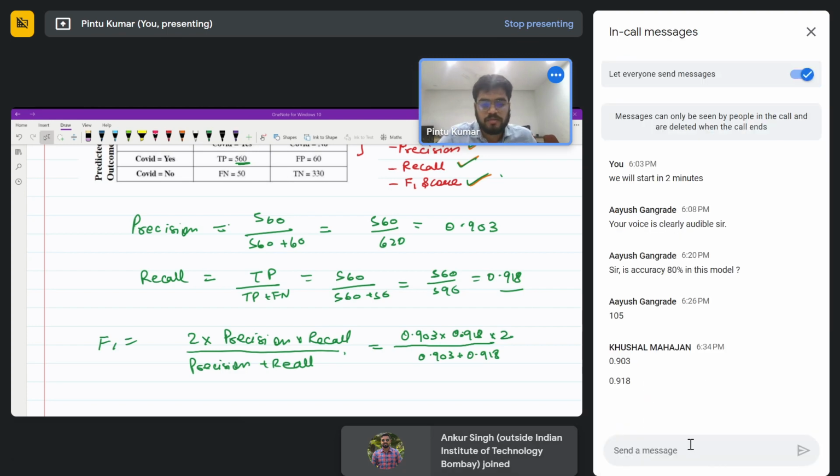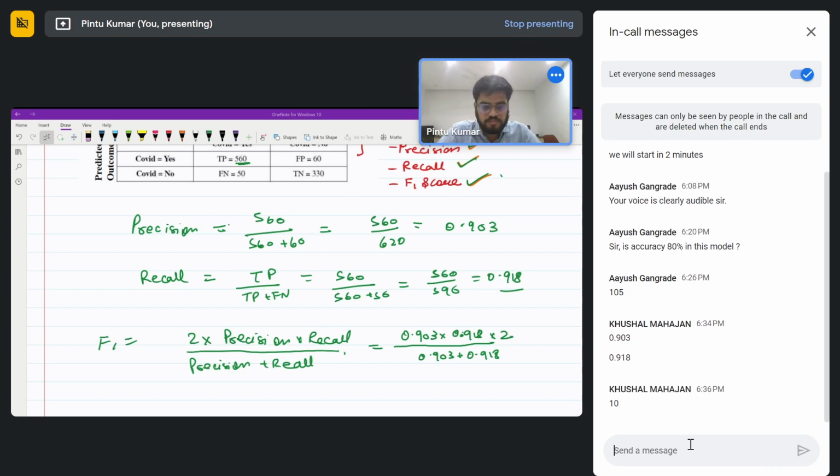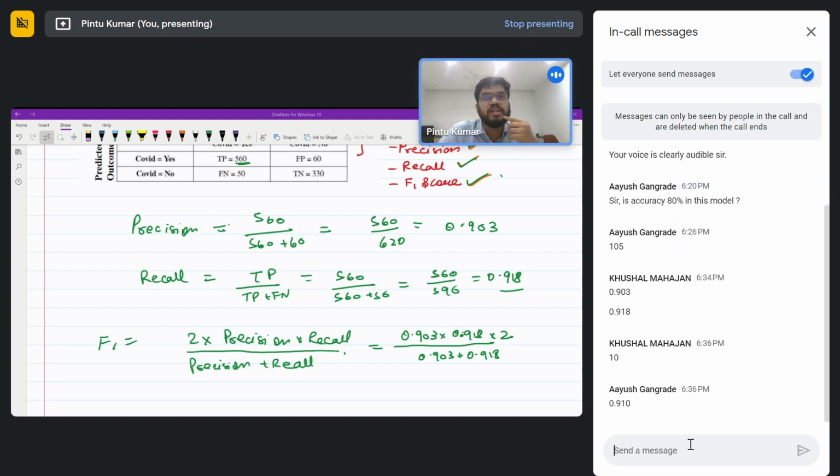Can you please calculate? I don't think you would get 10. Yeah, 10 won't be possible. This is 0.9, right? And this is 0.918. We have two different answers. Can a third person check and tell me what they are getting?